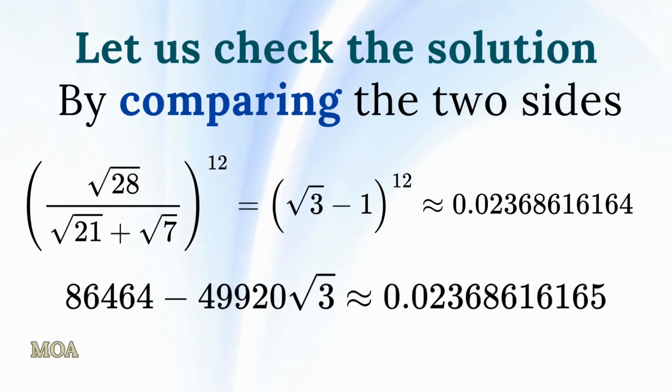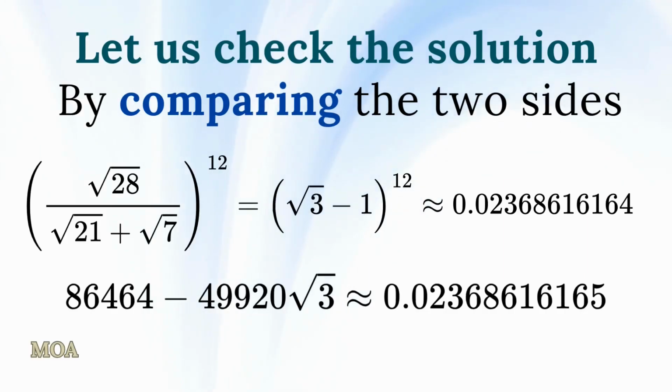Now, let us verify our result by comparing the two sides. Our calculated value, the square root of 3 minus 1 raised to the power of 12, equals 86,464 minus 49,920 times the square root of 3, which evaluates approximately to 0.02368.